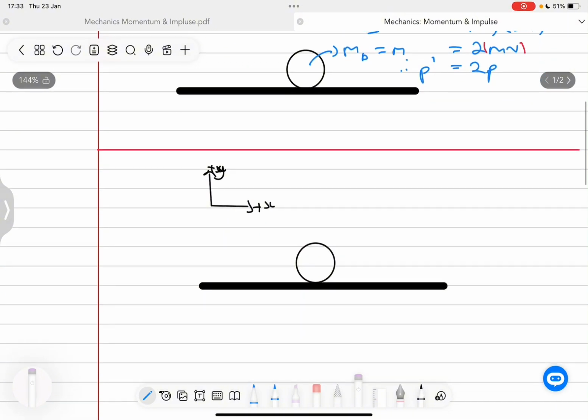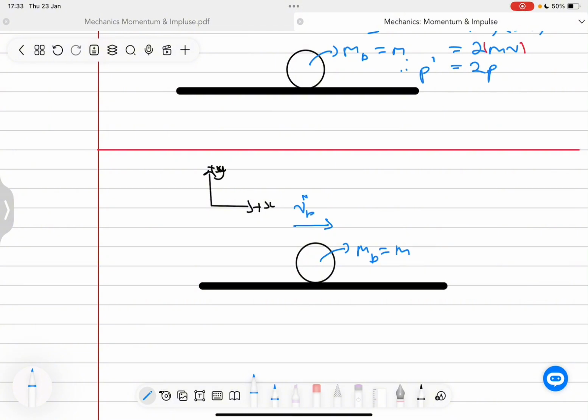Another scenario that we can study to explain direct proportion is when the velocity decreases, because remember, direct proportion means increase and decrease. In this scenario, we still have our mass of the ball, m_b, equal to m. And we're saying here that our velocity now has reduced.